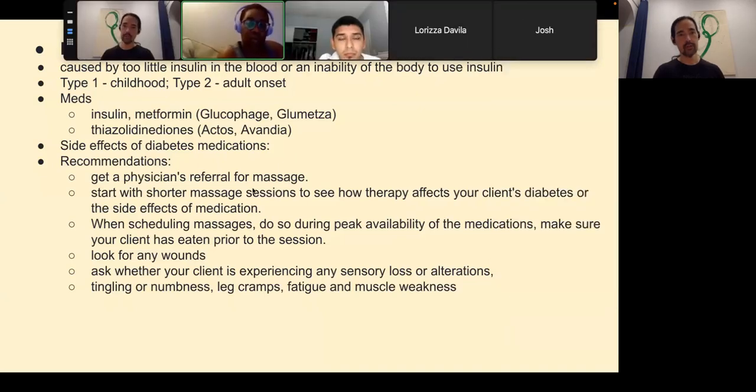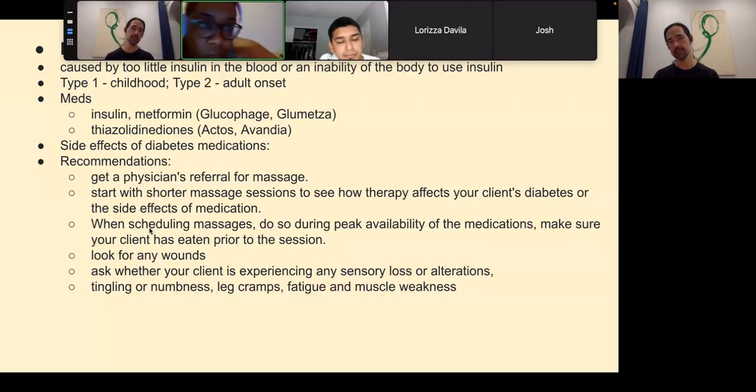So the recommendation is to get a physician's referral for massage, and then to start with shorter sessions to see how they're going to react, to see how the therapy affects your client's diabetes symptoms and the medication side effects. This is a good recommendation, I thought. When you schedule massages, do so during peak availability of the medications.